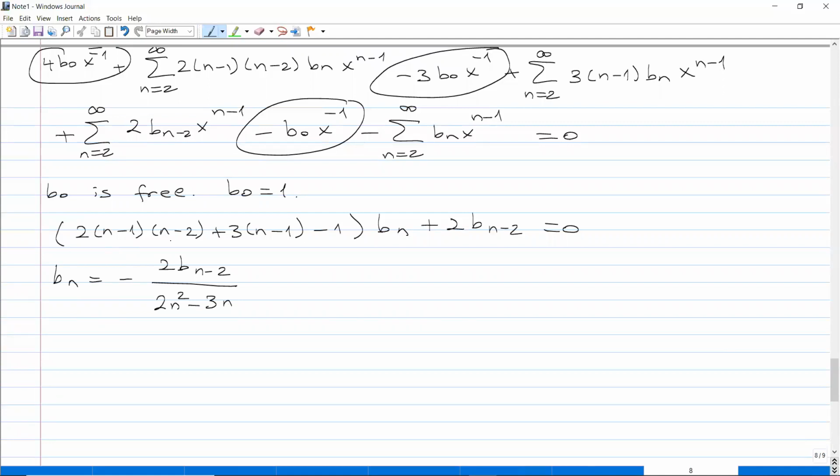I have a plus 4 minus 3 minus 1, so they add up to 0. So this is for n greater than or equal to 2.